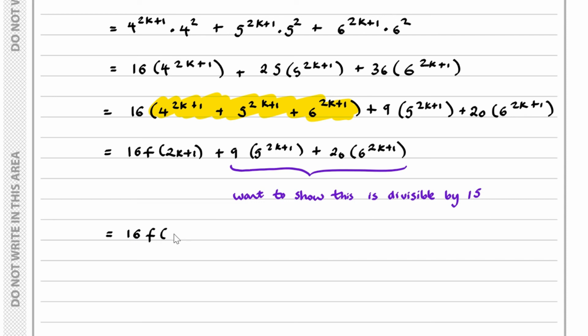So we've got 16 lots of f of 2k plus 1, and over here we can rewrite the 5 to the power of 2k plus 1 as 5 to the power of 2k, lots of 5 to the power of 1. And then similarly here we've got 20 lots of 6 to the power of 2k, lots of 6 to the power of 1. And over here 9 times by 5, that's 45. So we've got 45 lots of 5 to the power of 2k.